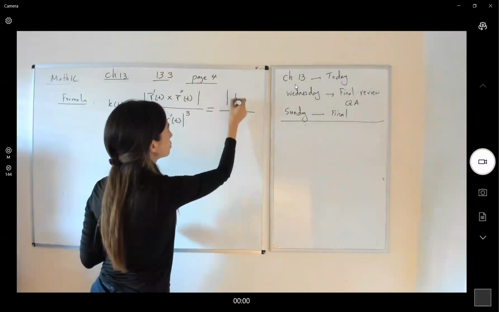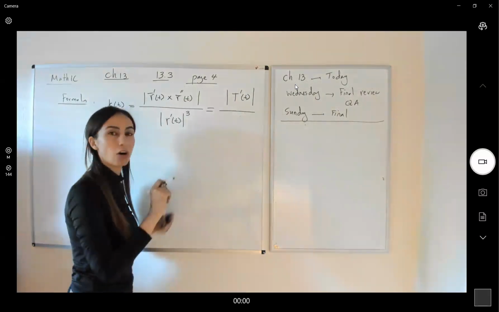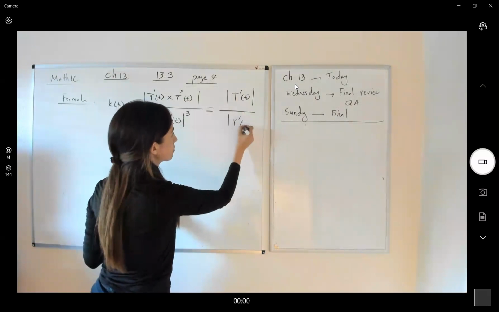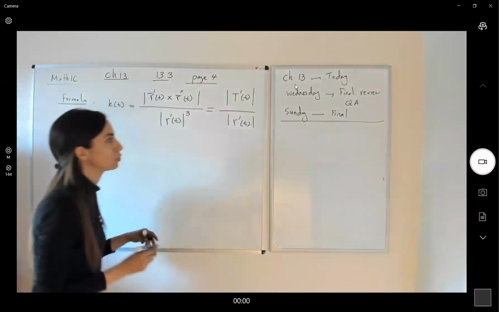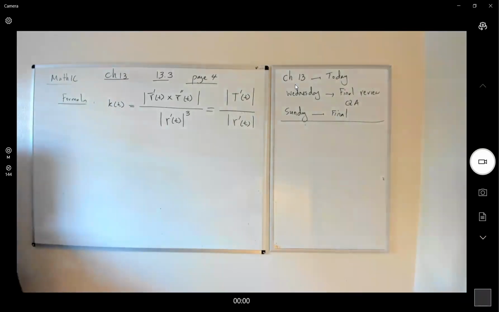This is equal to the magnitude of the rate of change of the unit tangent vector divided by the magnitude of your derivative of the vector function. Let's go over one example together.